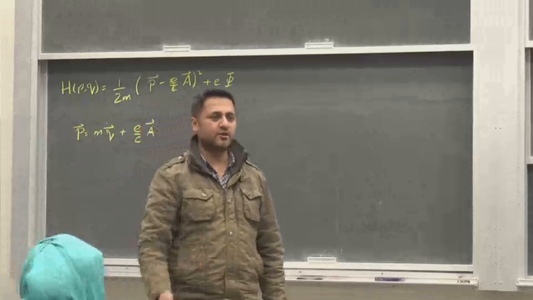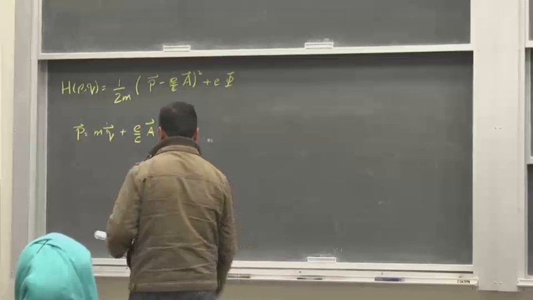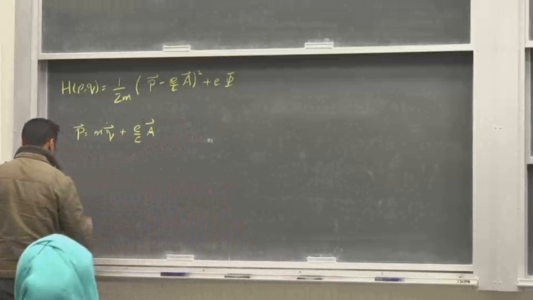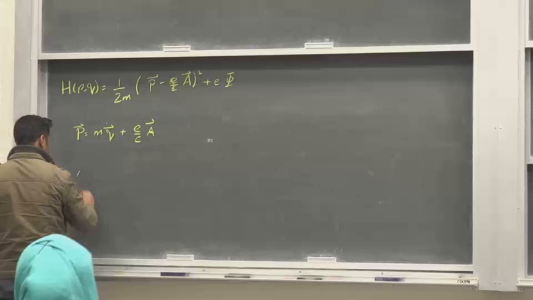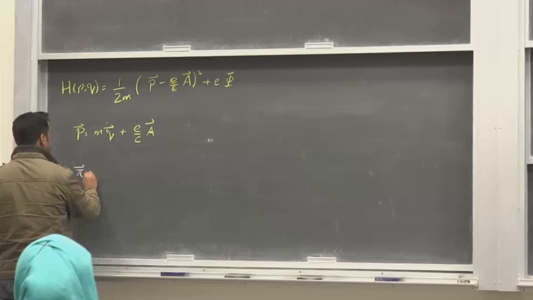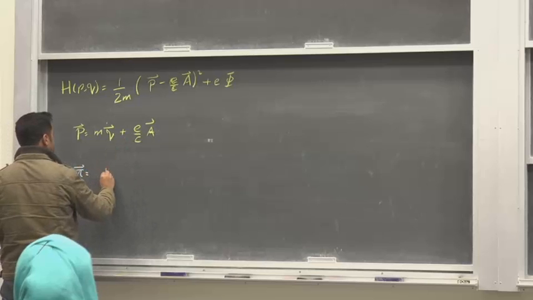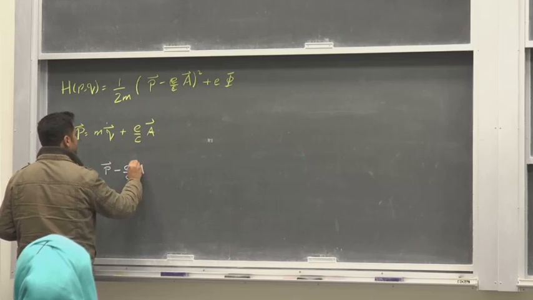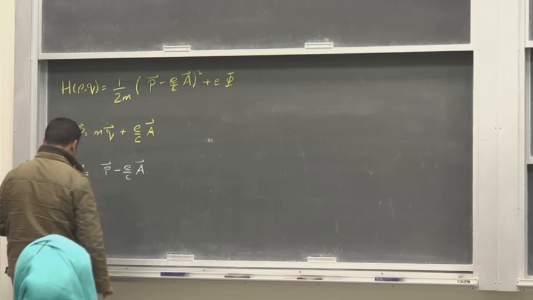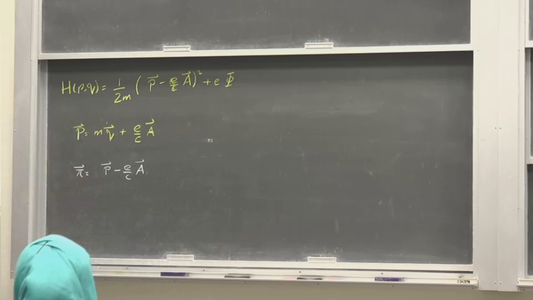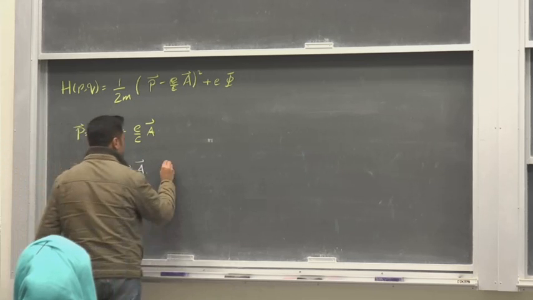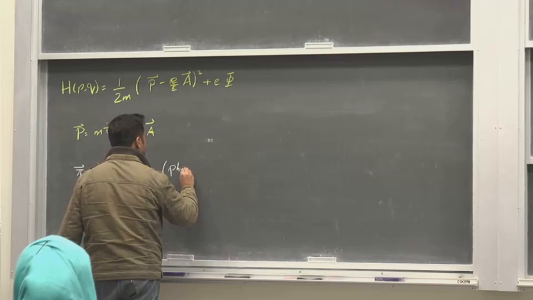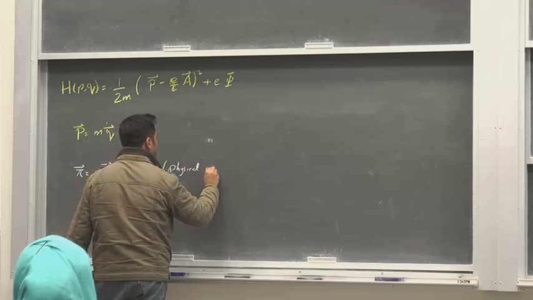So let's give it a name, let's call it pi. So from here it is just P minus P over C. Okay, that is the physical momentum.